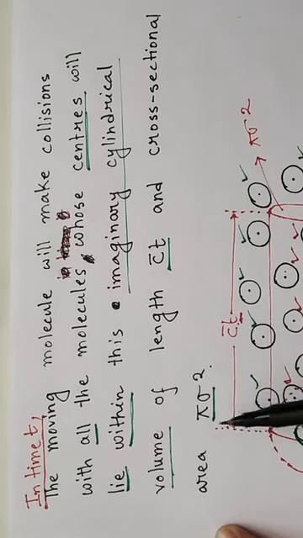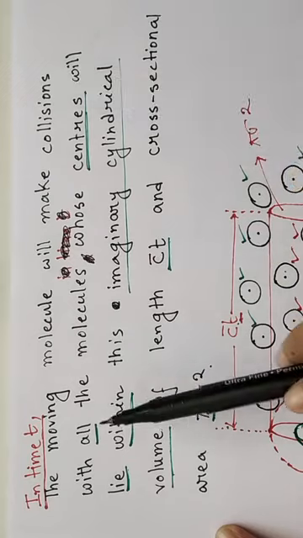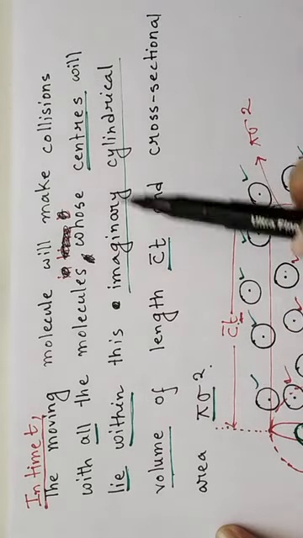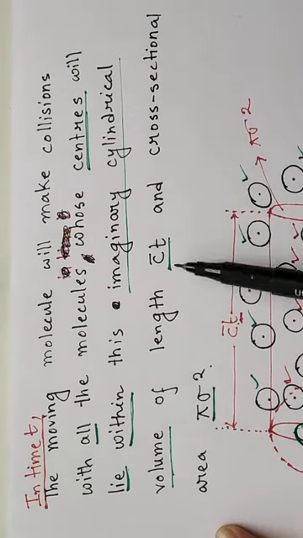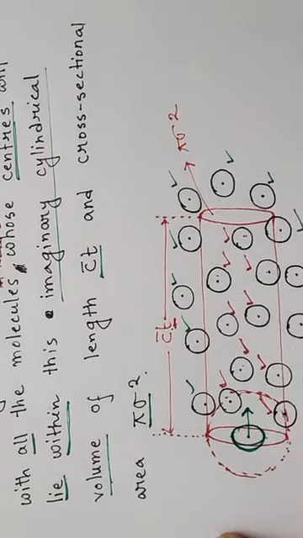So we stated that in time t, the moving molecule will make collisions with all the molecules whose centers lie within the imaginary cylindrical volume of length c bar t and cross-sectional area pi sigma square.